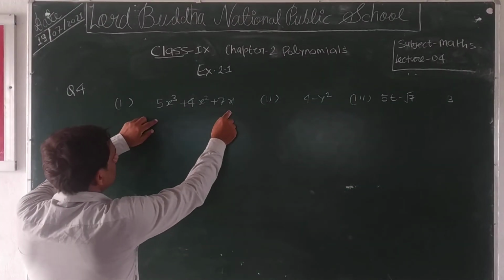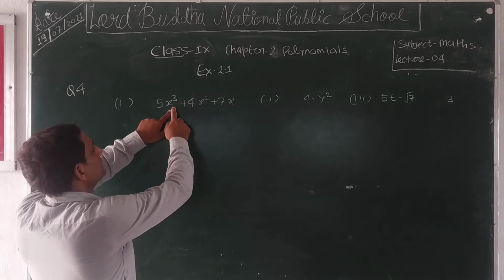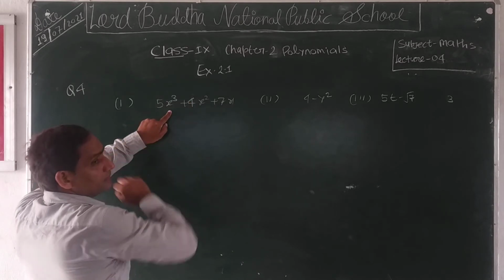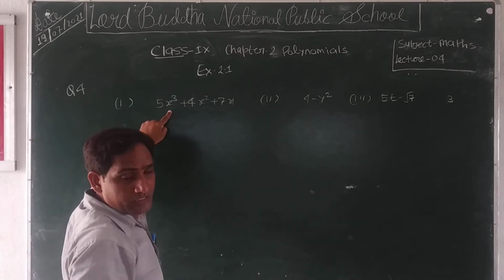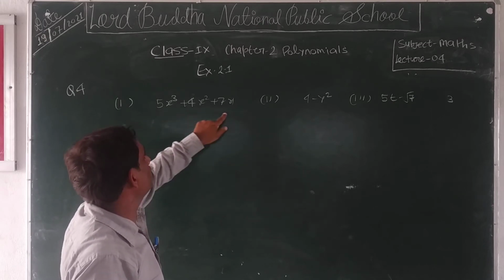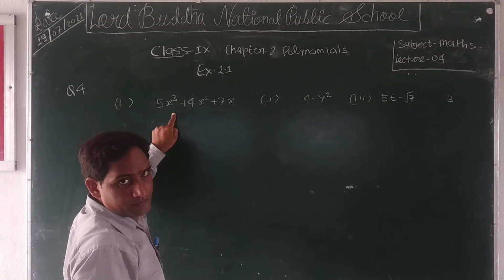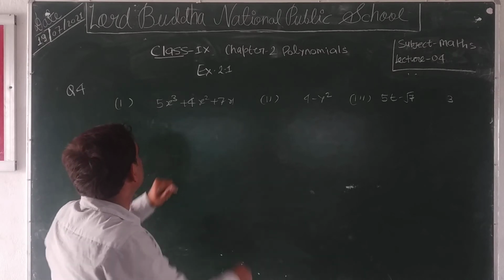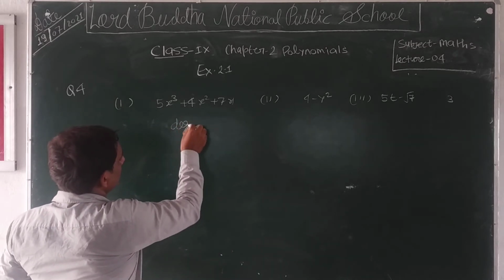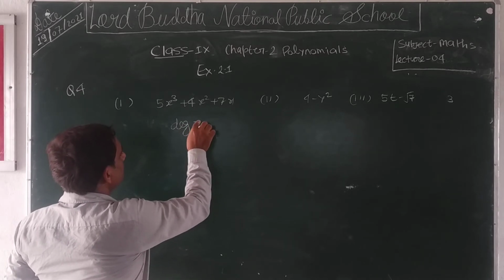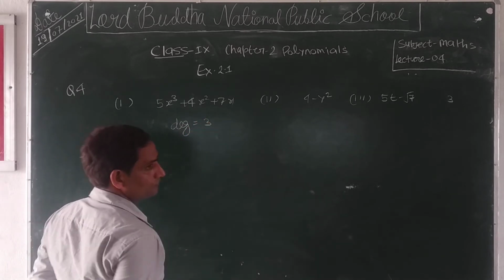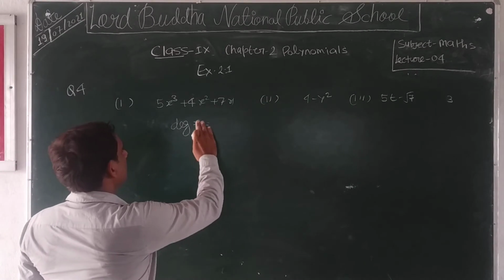We see that the highest power of variable is 3 in this polynomial, means it is a cubic polynomial, hence its degree is 3. Clear? Are you correct?